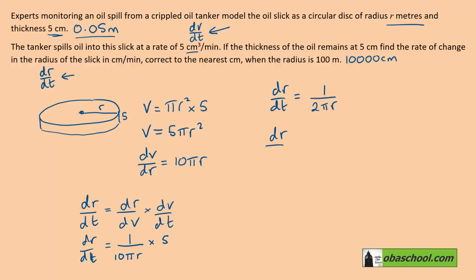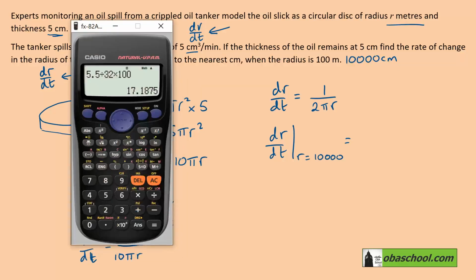Now we want dr/dt given that r is equal to 10,000. So we just need to calculate that. So that is going to be 1 over 2 times pi times 10,000.